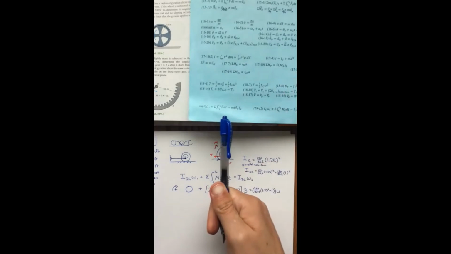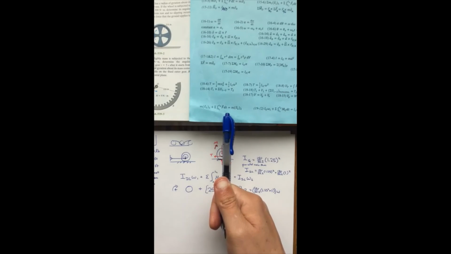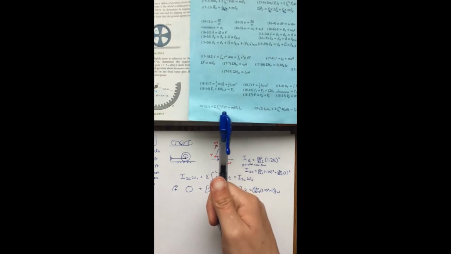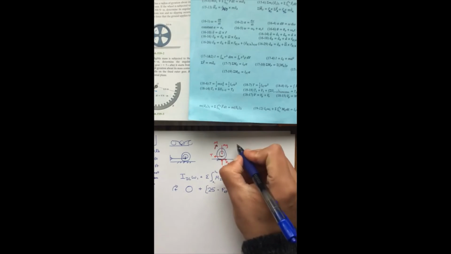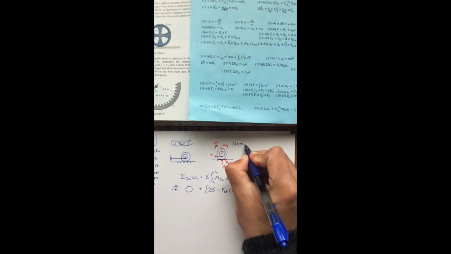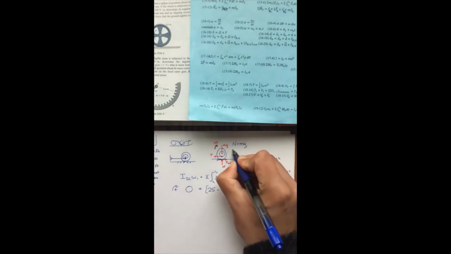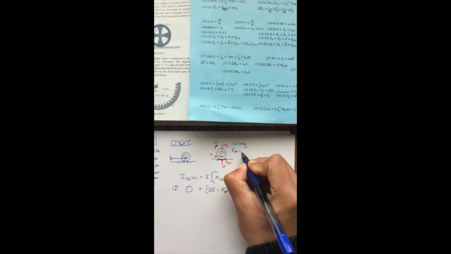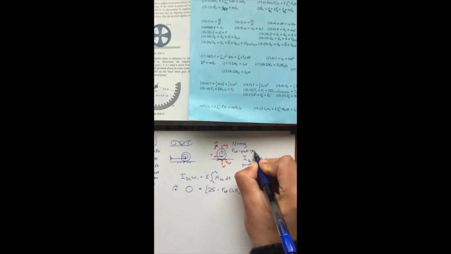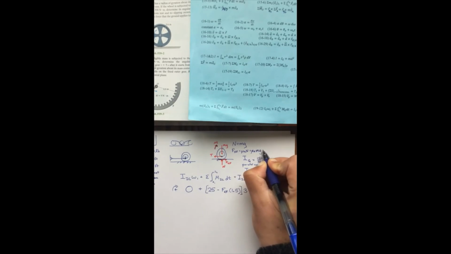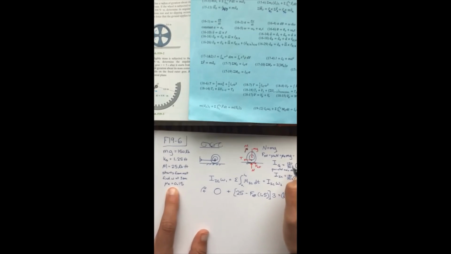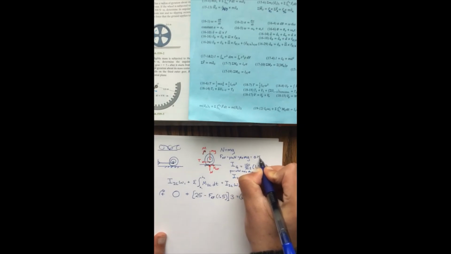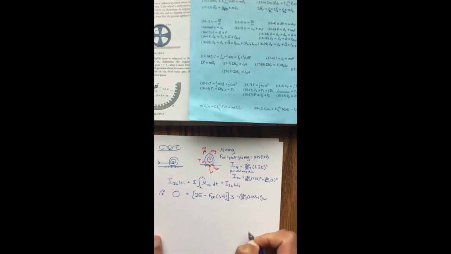But if you want to apply this equation here in the y direction, you don't have any velocity in the y direction, so using the impulse momentum relationship in the y direction would tell you that the normal force is equal to m times g. And we know the force of kinetic friction is equal to the coefficient of kinetic friction times the normal force. So this is the coefficient of kinetic friction times m times g. The coefficient of kinetic friction is 0.15 and m times g is 150.